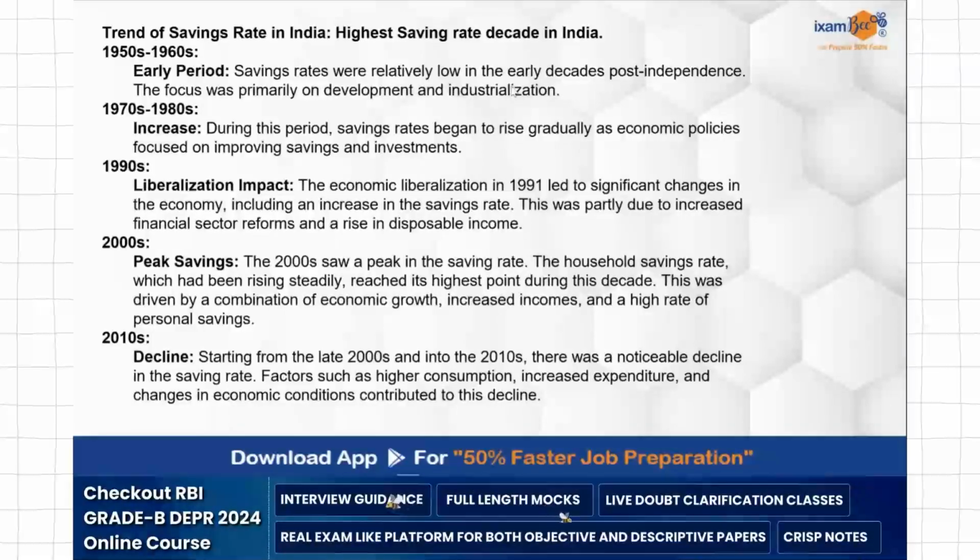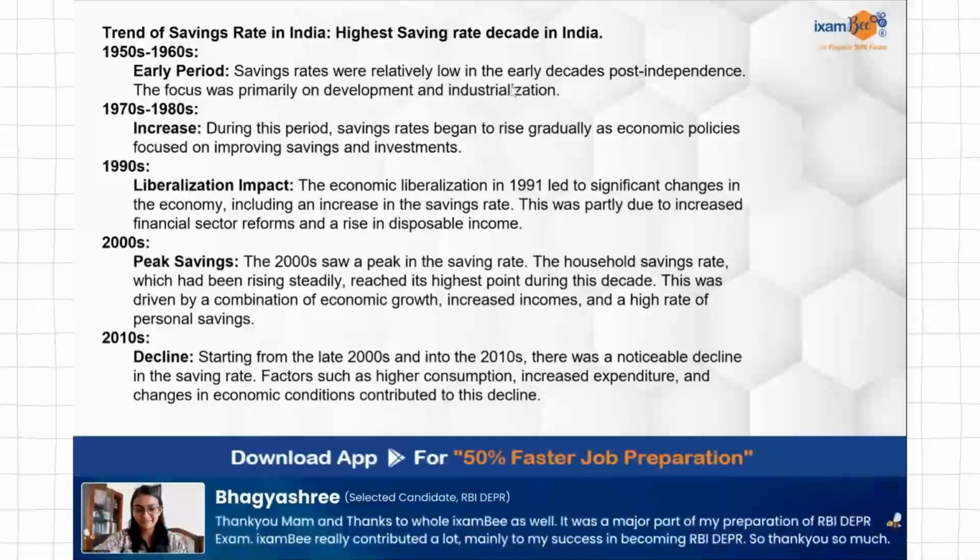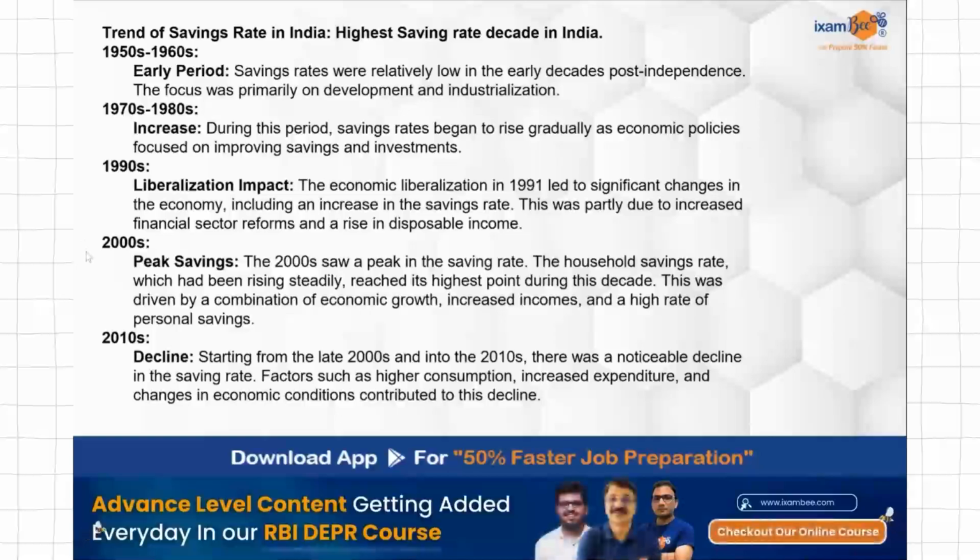Okay, then we have a question related to the trends of saving rate in India, the highest saving rate decade in India. So I have shown you different trends here. You can pause this video and read all the trends. But since the question is asking about the highest saving rate decade in India, this is the case of 2000 till 2010, around 2007-2008, right?